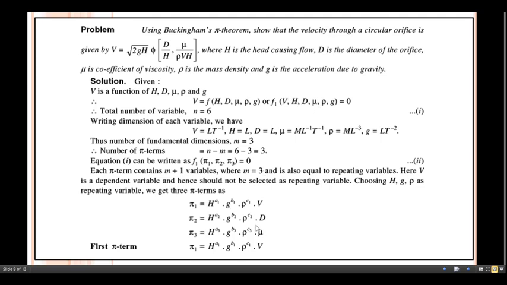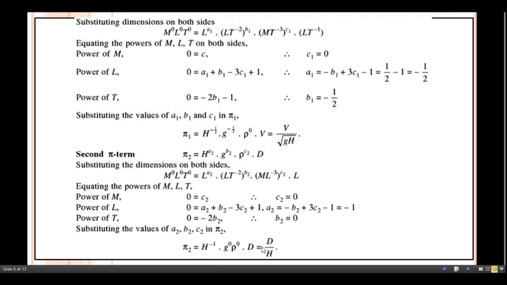So multiply every term by these repeating variables, v, d, mu, in this way. Now we can start the analysis for the pi 1 term. So write h raised to a1 into g raised to b1 into rho raised to c1 into v this way. Now put the dimensions on both sides.